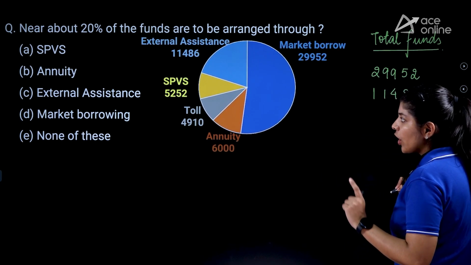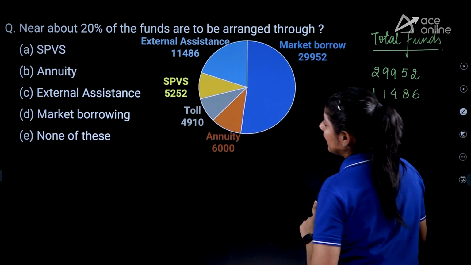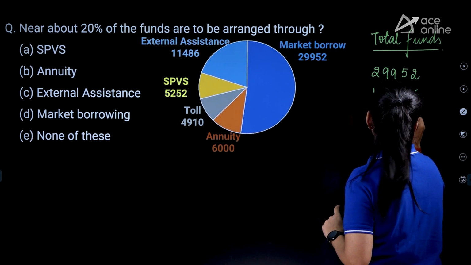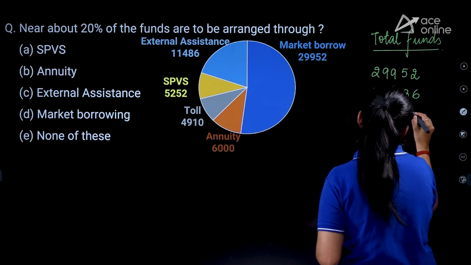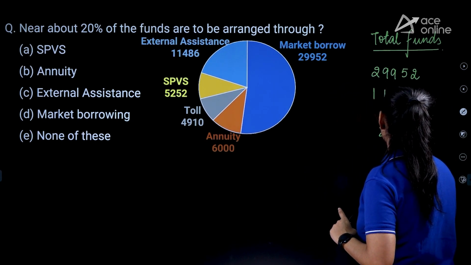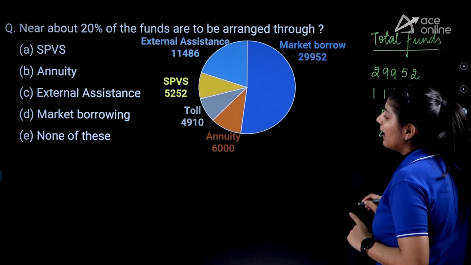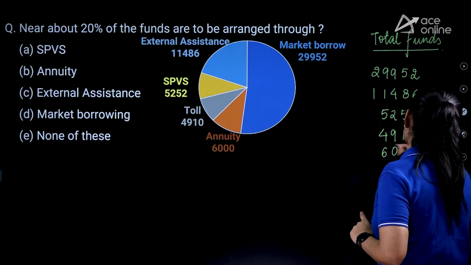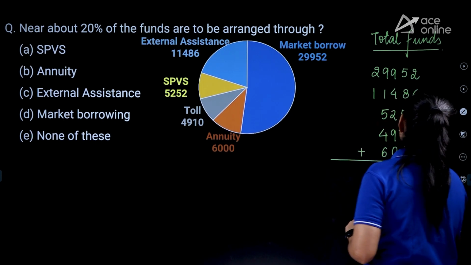From SPVs, we are getting 5,252. In the toll, we are getting 4,910. And from the annuity, we are getting 6,000. Now we need to add all these values.